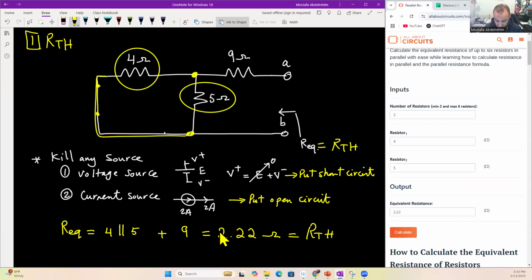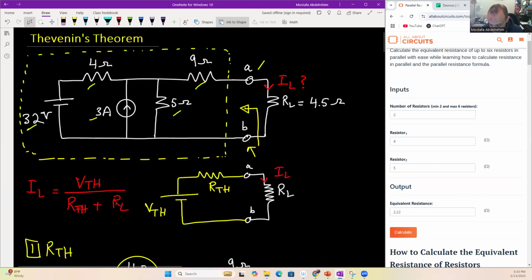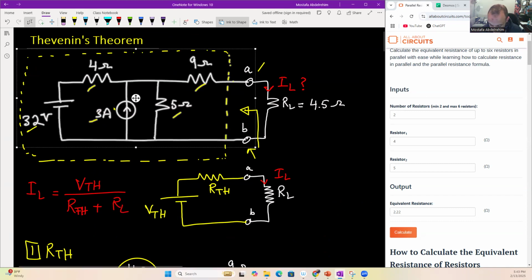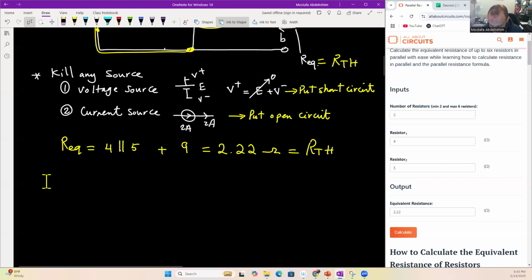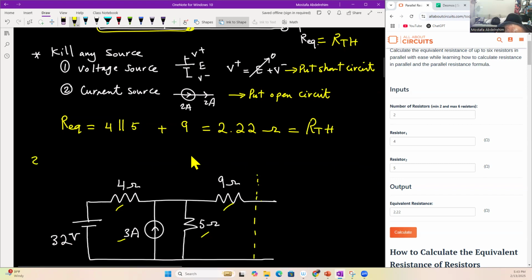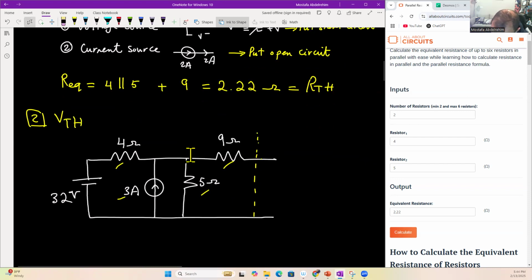Okay, good. Second step, of course, is to find V Thevenin. So again, I'm going to take this circuit in here and find V Thevenin.